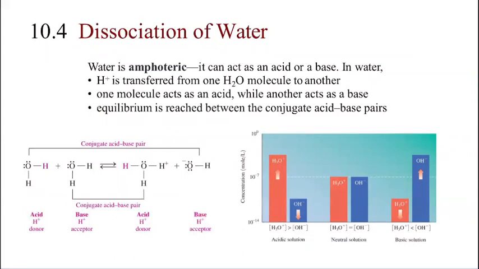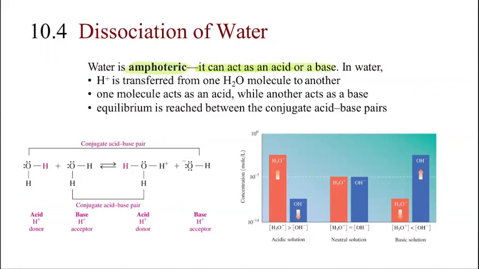What defines an amphoteric molecule is that it can act as an acid or it can act as a base. That's what defines it. So any molecule that can act as an acid or a base is known as amphoteric. Water is one of those molecules.